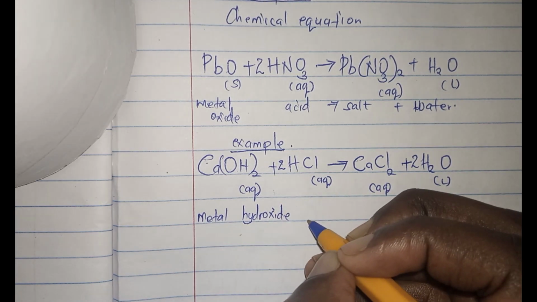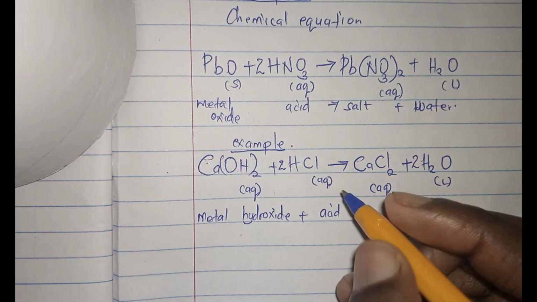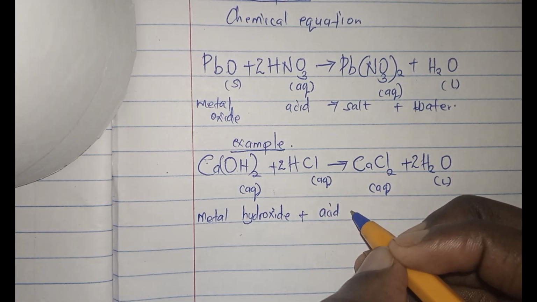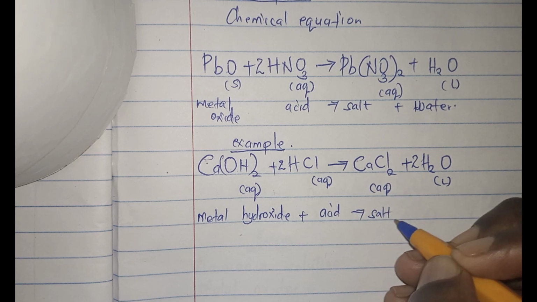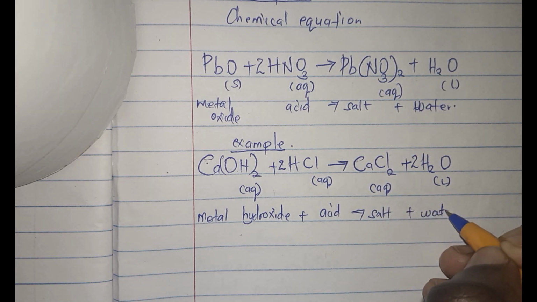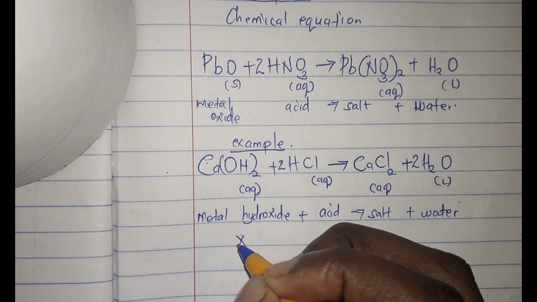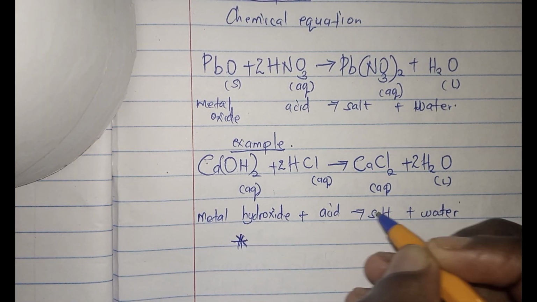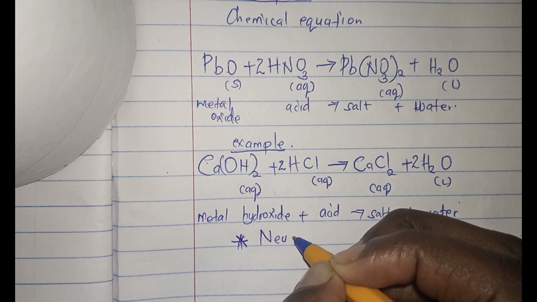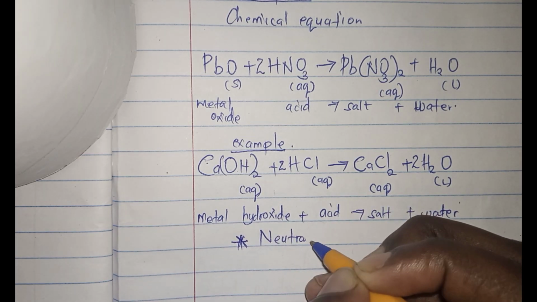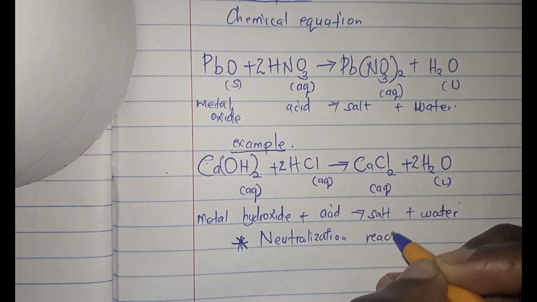Remember, it's a base, plus acid, which is hydrochloric acid. I am getting a salt. Calcium chloride is my salt, plus water. And remember, this reaction is called a neutralization reaction.